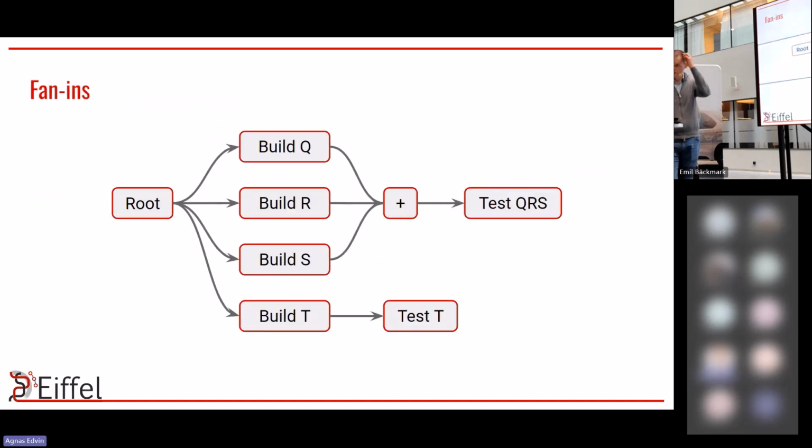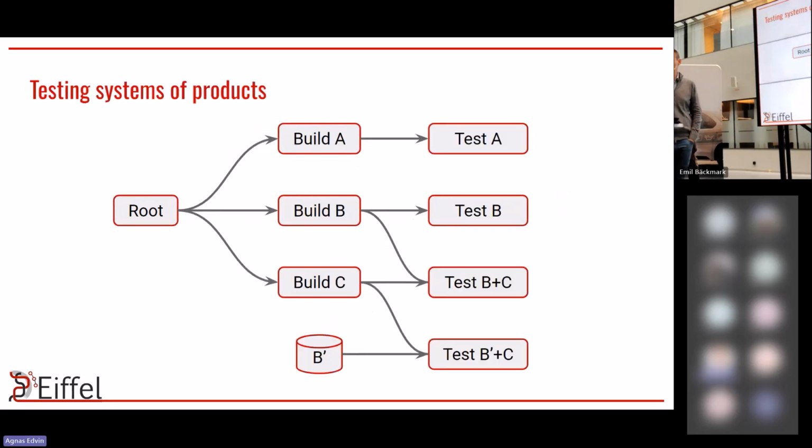Another problem is fan-ins, which, for example, Jenkins doesn't support at all. We have cases where you build multiple products and they get combined into one binary that then goes through a test. A third case is testing of systems, where you reuse the same binary in multiple tests.